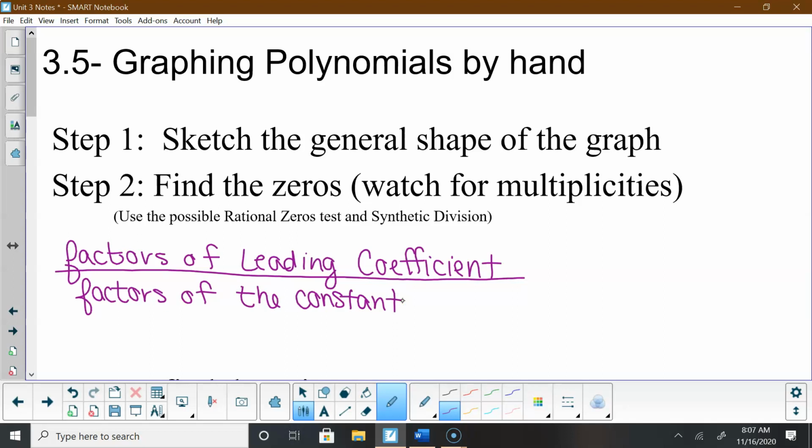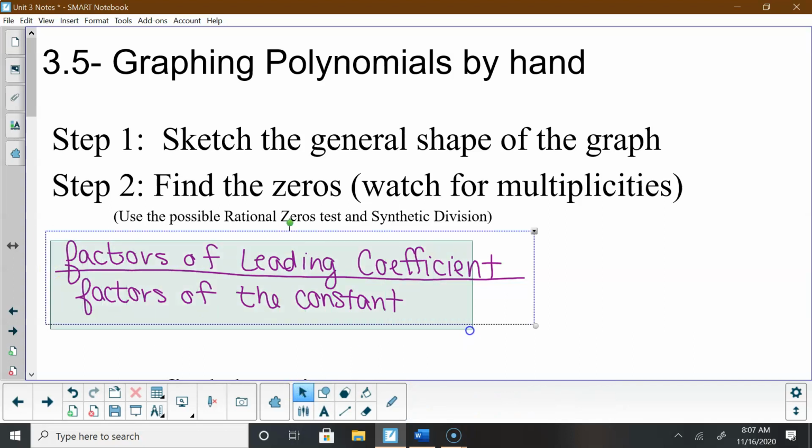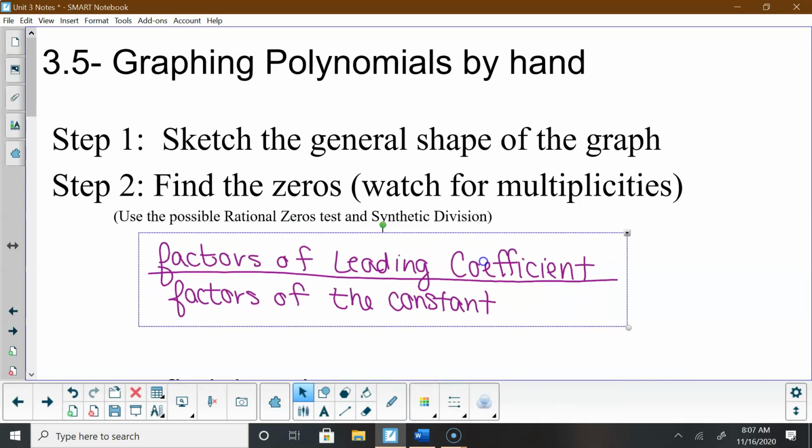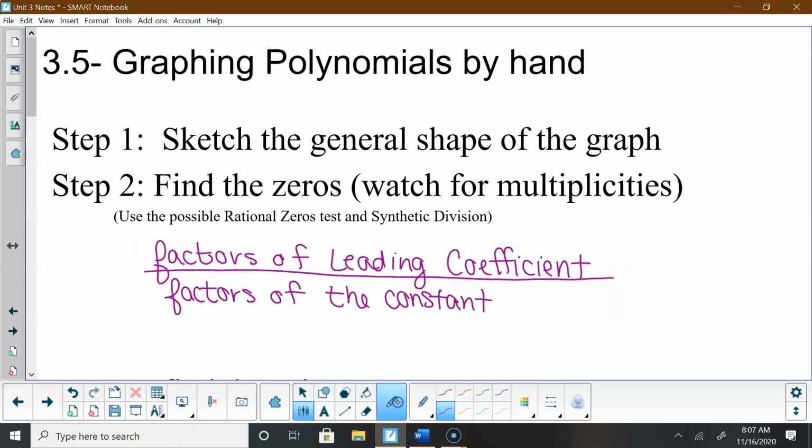And I'm just going to put a generic plus or minus at the front. Because what this does is it gives you a narrowed down list of what kind of things you need to check to see if you can divide stuff out.